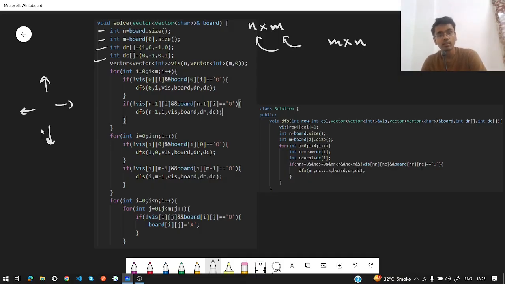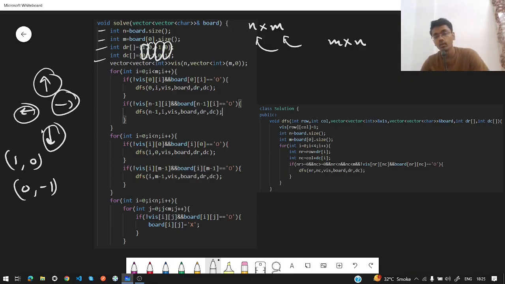These are just the coordinates, like 1, 0, 0, -1, -1, 0, and 0, 1. This will help us in traversing up, right, down, and left. Then I have declared the visited matrix, which is initialized to all zeros.